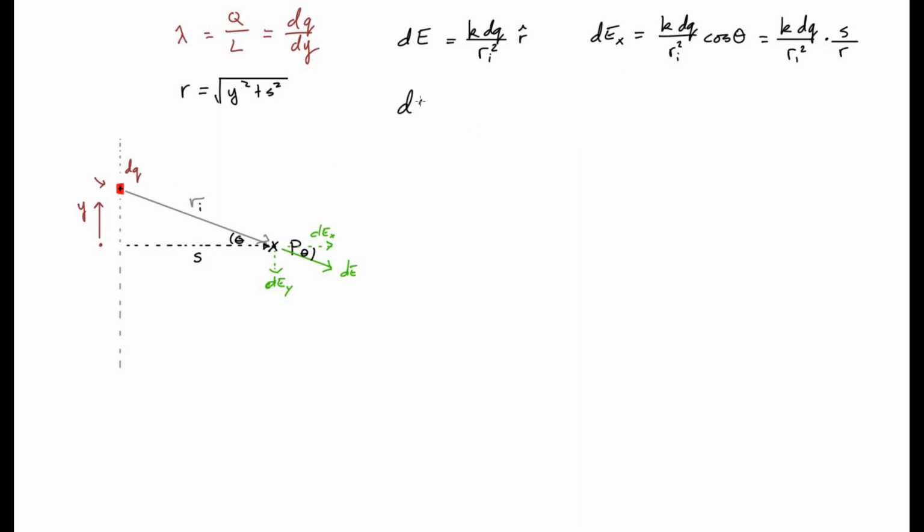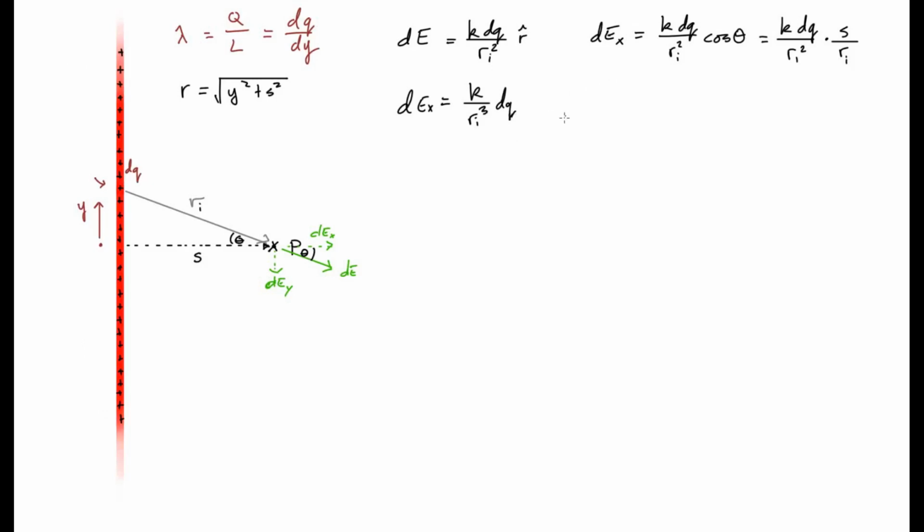equal to k over r cubed, this is the same r, times dq. And then if we wanted to get all of the elements dE across all y's, then we just need to integrate.